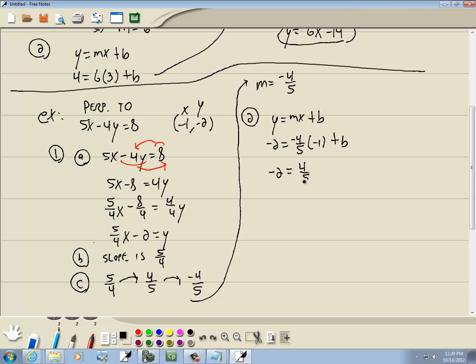So we've got 4/5 plus b. Take the 4/5 over to the left side, becomes a negative 4/5. Notice I put the negative more up on top of the 4 than down below. This is a mixed number, so we'll take negative 2 times 5 gives you negative 10, and add to the negative 4 gives you negative 14/5.